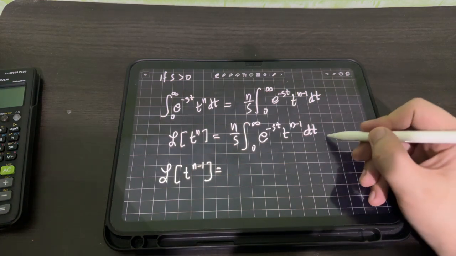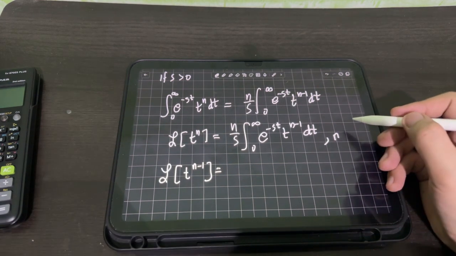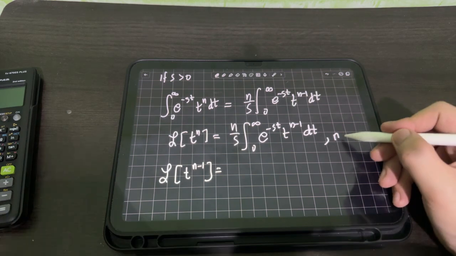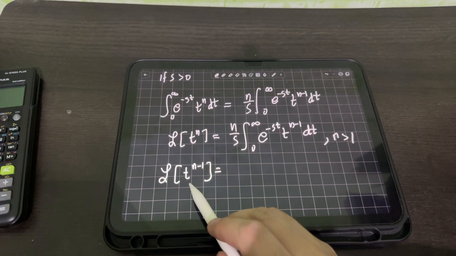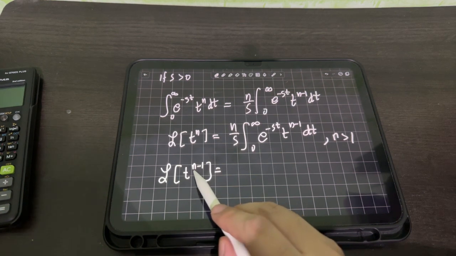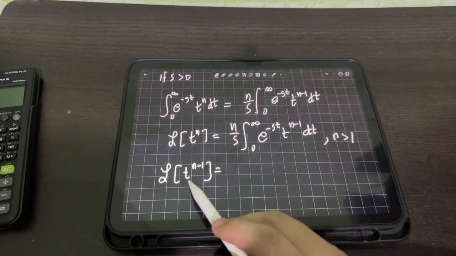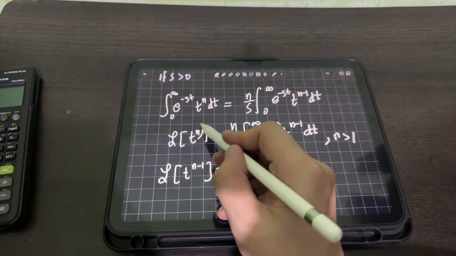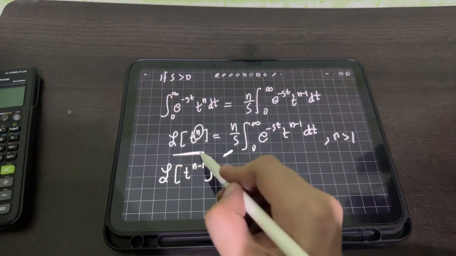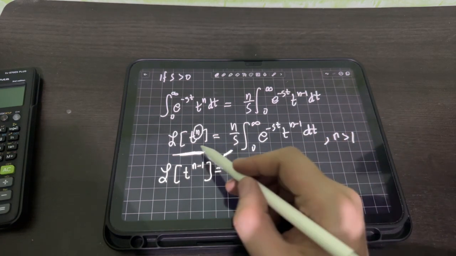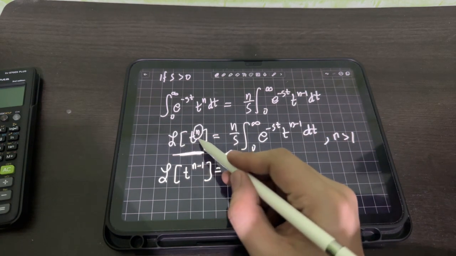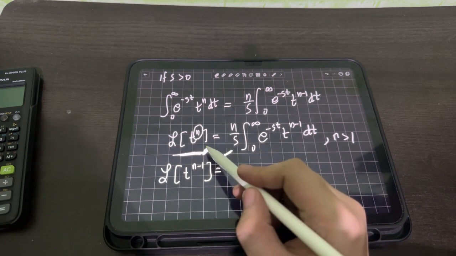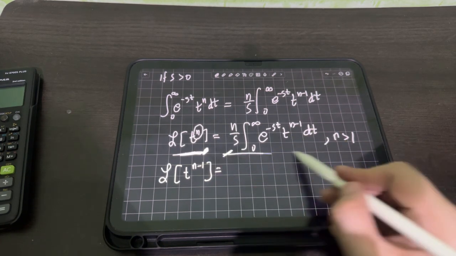So this time, if we assign n to be greater than 1, okay, because we're starting with the power of t now with t to the n minus 1. So applying this relationship, the original expression that we want to find the Laplace transform of is equivalent to this one.